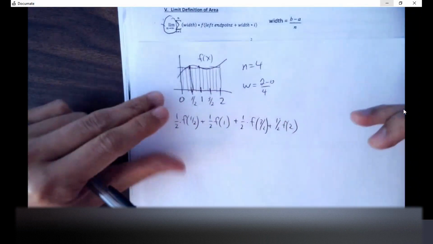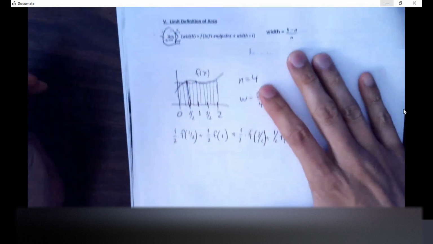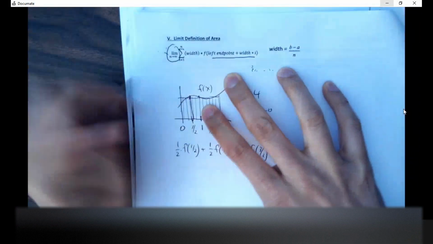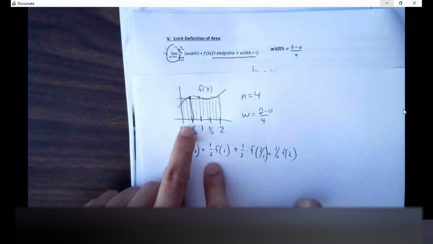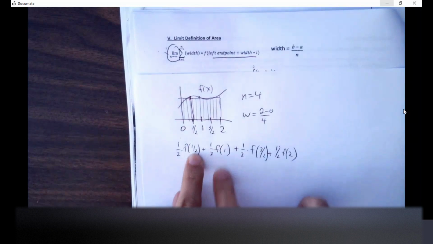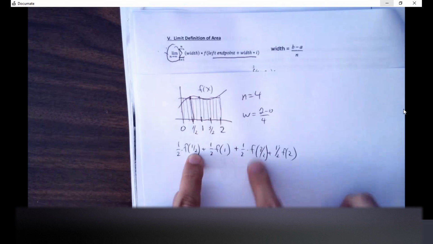But all this is manually based, right? You're doing everything by hand. So this formula takes that away from us. The f of left endpoint plus width times i is going to increment and find the next value for us. We're not going to have to say, okay, 1/2, the next one is 1, the next one is 3/2.